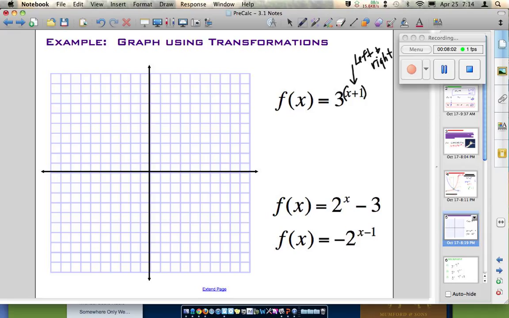Let's think about why. If we were to make a table, let's think about where we would get the value of 1 on our graph, because that was a key point in that previous graph. I would get the value of 1 when this is 0. And that becomes 0 at negative 1. So if x is negative 1, f of x would be 1. So that's a point I can quickly graph. Negative 1, 1.